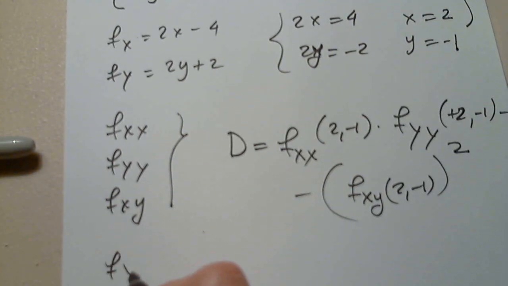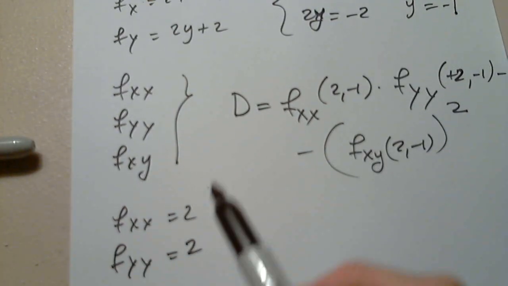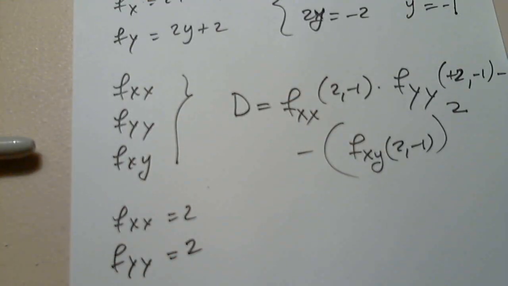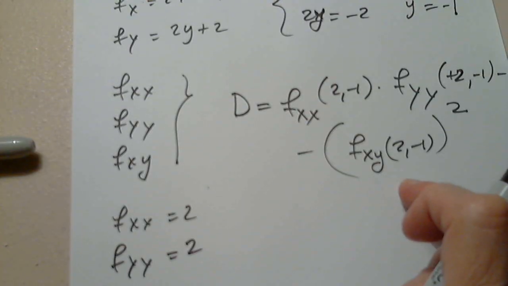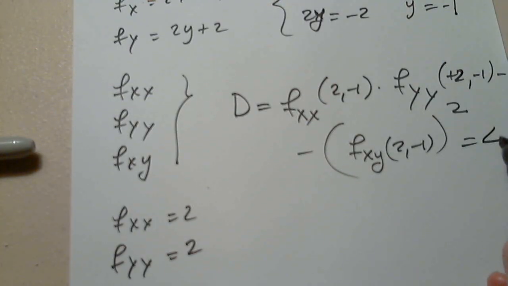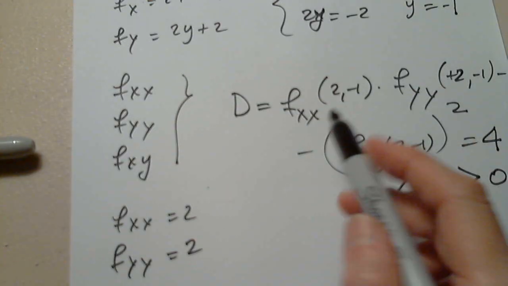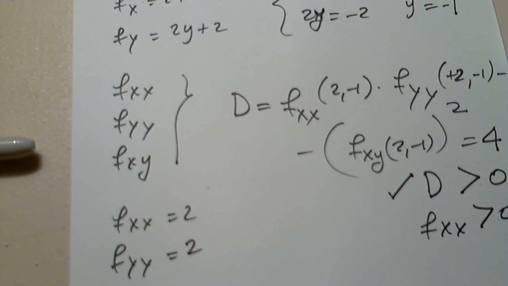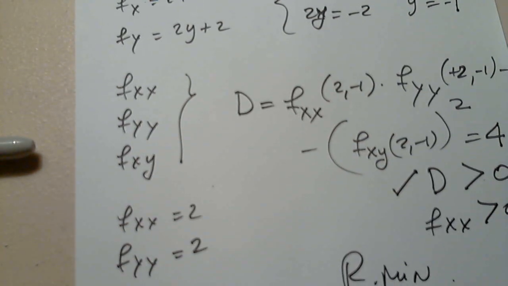Okay, but it's nice because fxx is just 2, fyy is just 2, and fxy is 0. So 2 times 2 minus 0. So this is 4, which is a number greater than 0. So d is greater than 0, which is good. We want that. And also fxx is greater than 0, which means a relative min. If d is positive but fxx is negative, it means relative max.